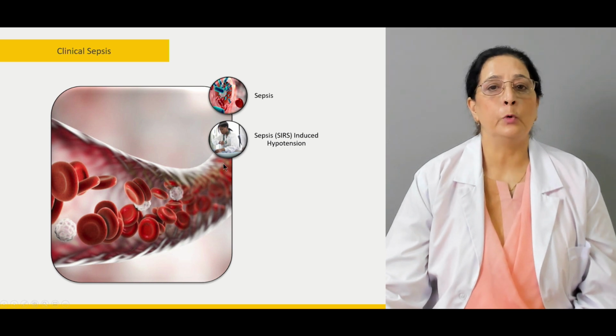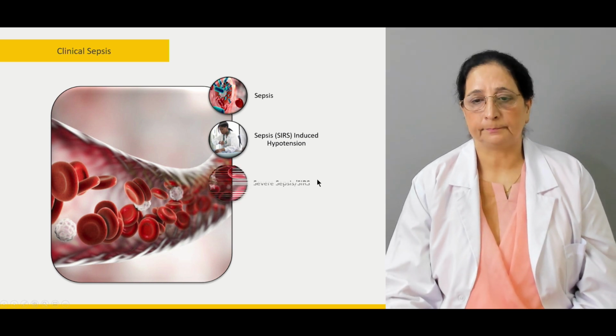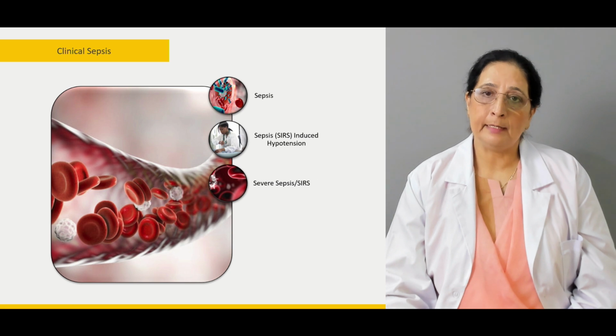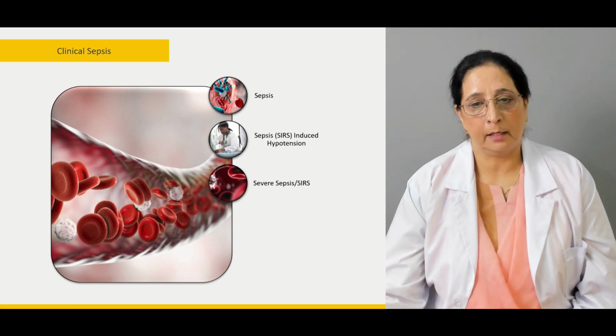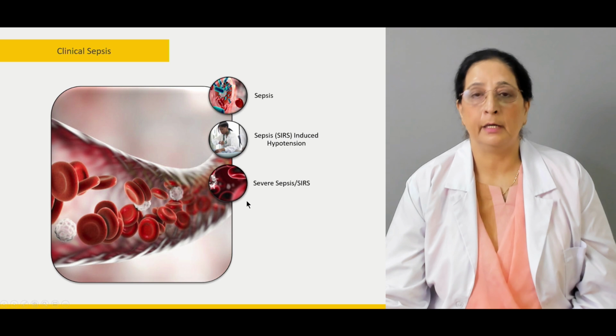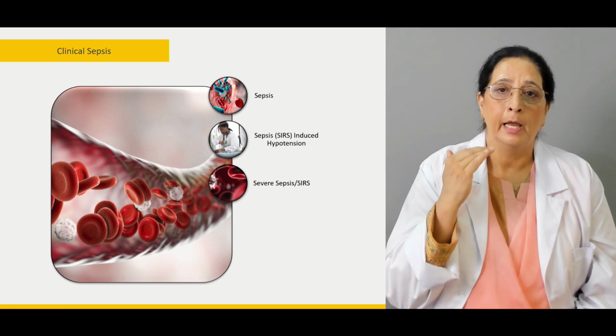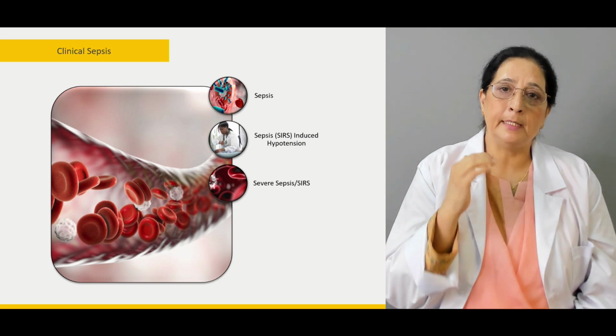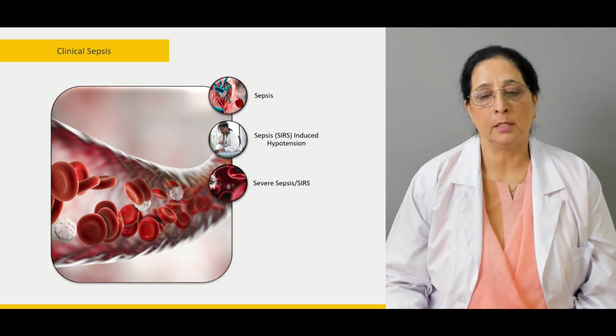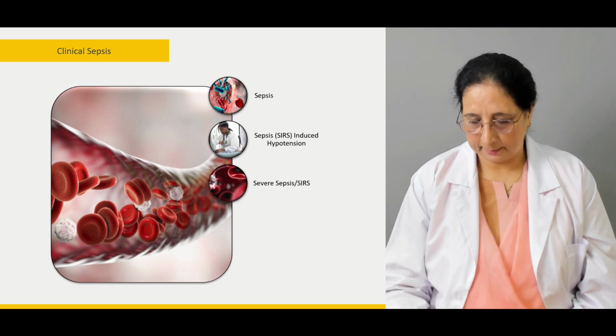Sepsis-induced hypotension occurs. Severe sepsis can also occur as a result. Here again, if there is no effective, immediate treatment to fight the microorganism, then it can cause severe sepsis.